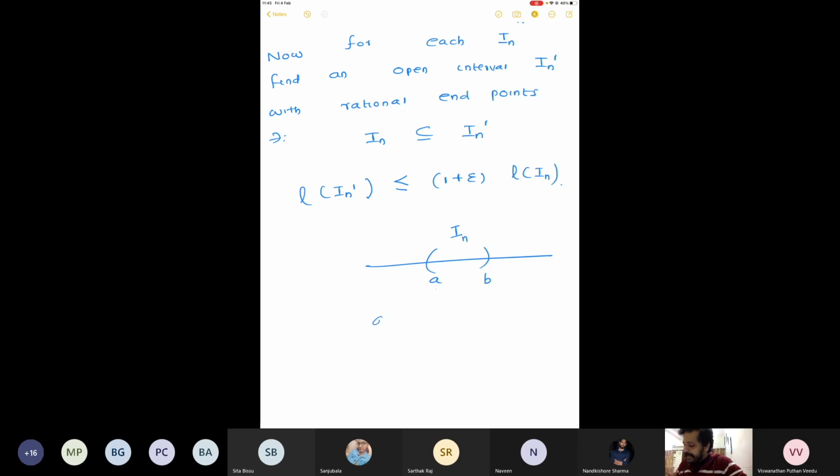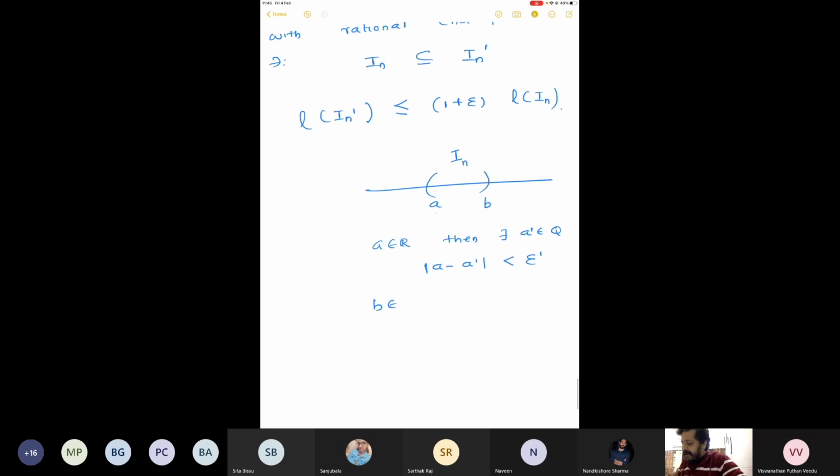Can you find a rational which is close to a, with closeness a predetermined number? Can I find a rational whose distance from a is less than epsilon 1? Yes. Then there exists a dash in Q such that the modulus of a minus a dash is less than epsilon dash.